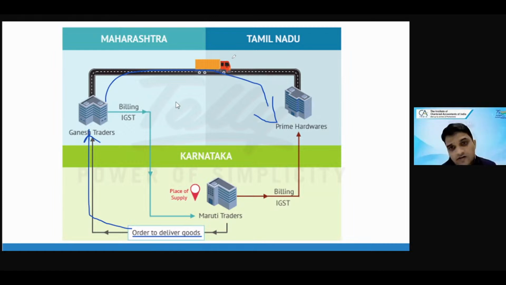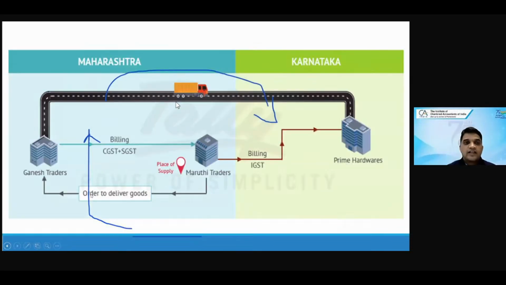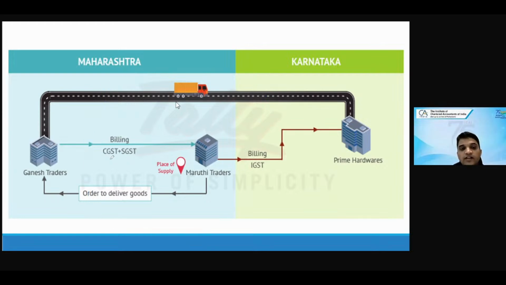If Maruti Traders was also in Maharashtra, yes, then for you we have another slide. In this case where Maruti Traders is also in Maharashtra, what will happen? He will bill CGST and SGST. Why? Because the location of supplier and place of supply is in the same state.